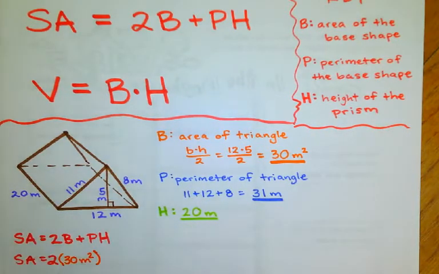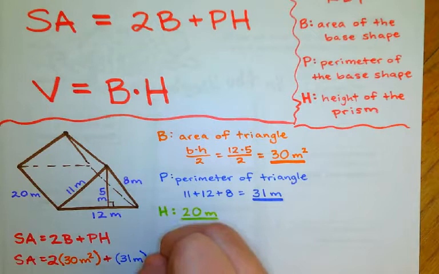Then we're going to add P, which was 31 meters, times our H, which was 20 meters.